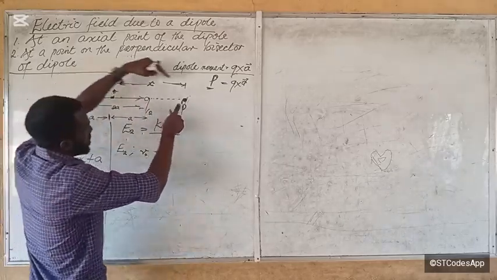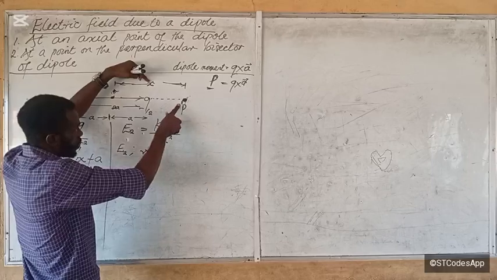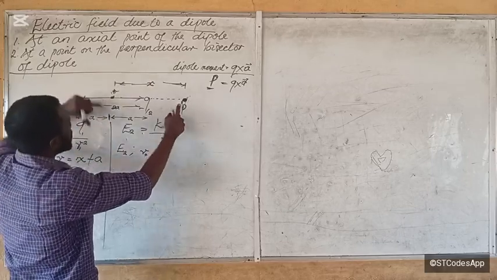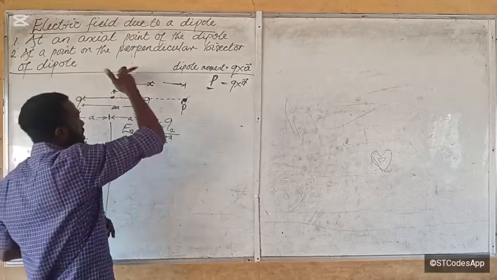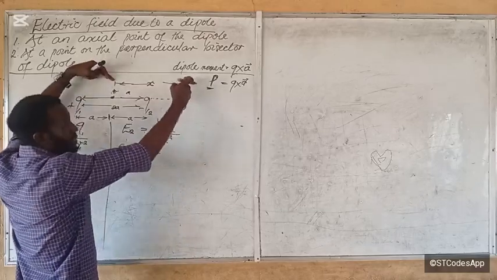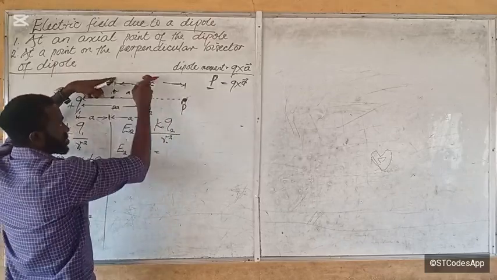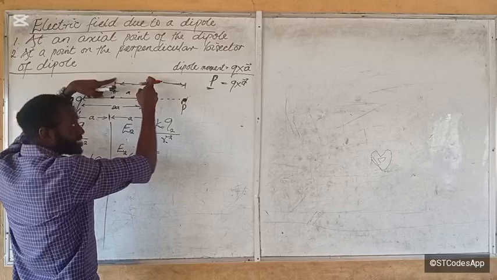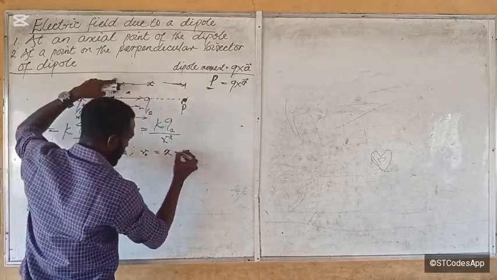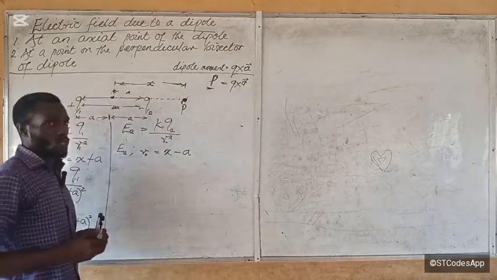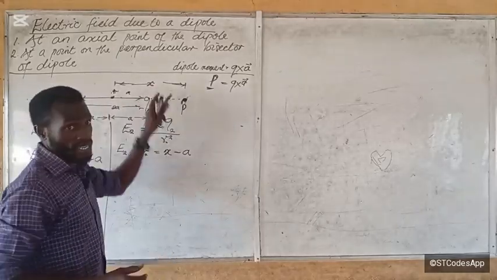If from here to here is X, okay, and from here to here is A, it means that the remaining, when we subtract, if this entire place is X, and from here to here is just A, which is half of this, then it means that the remaining will be X minus A. Remember, it will not be half of X. I've seen someone mistakenly say it will be half of X.